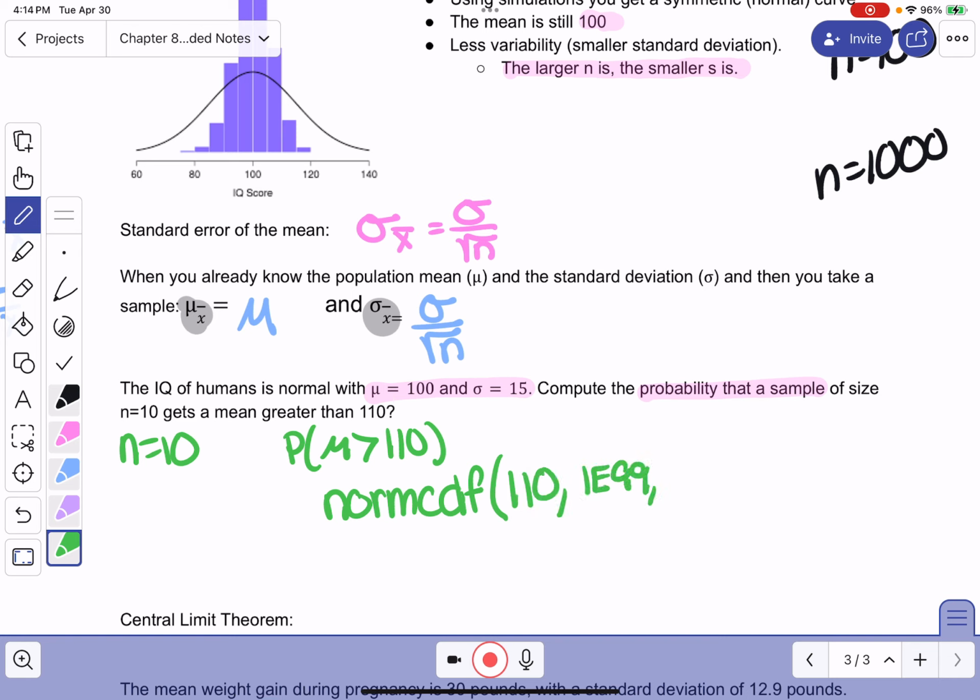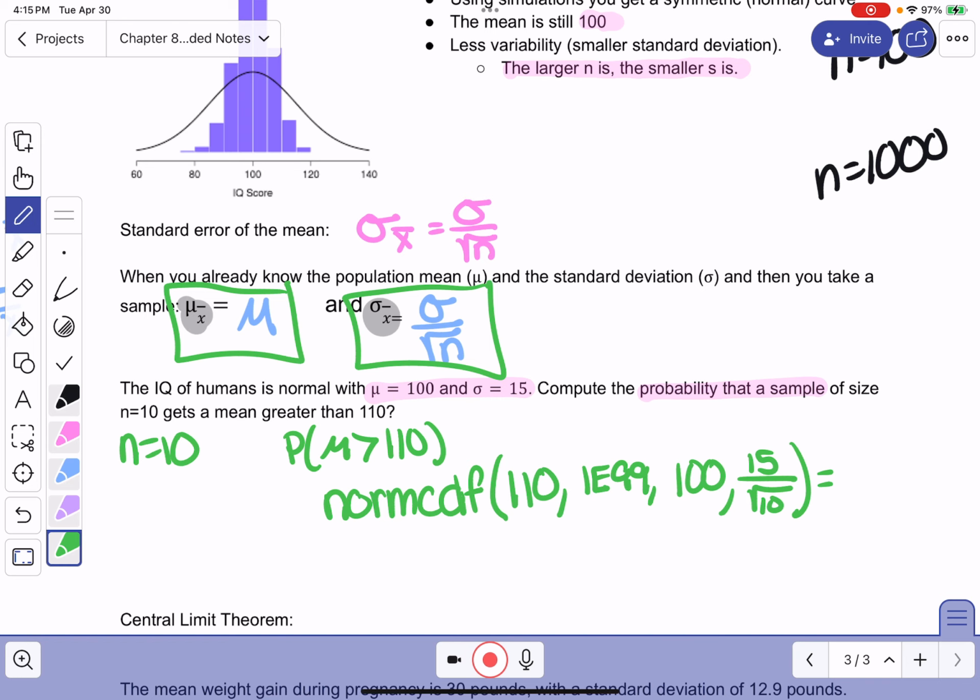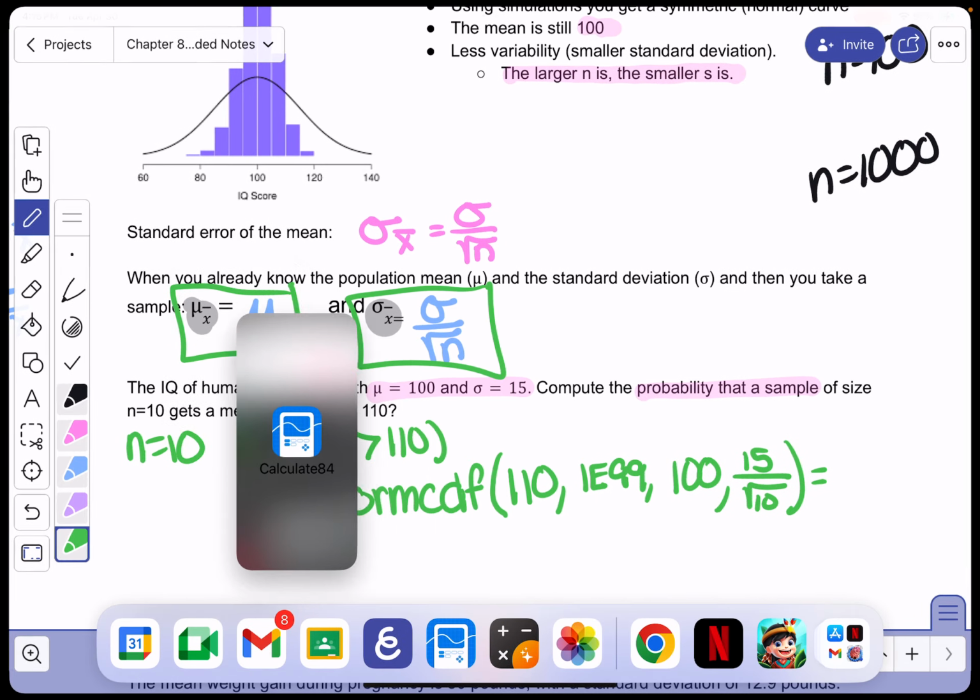Our upper is going to be 1E99. And now we're going to use those from above, the mean sub x bar. So the mean does not change. That's still 100. And then we use the standard error. So we're going to do 15 over the square root of 10. So that's acknowledging that we're going from a sample to a population. And then we put that in the calculator.